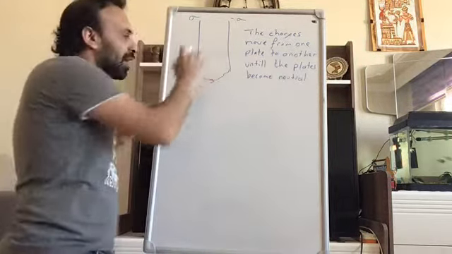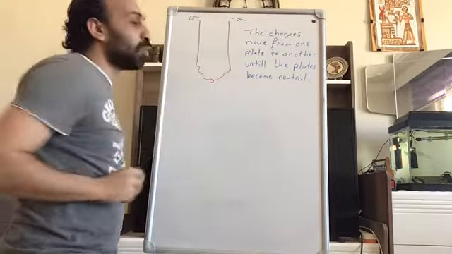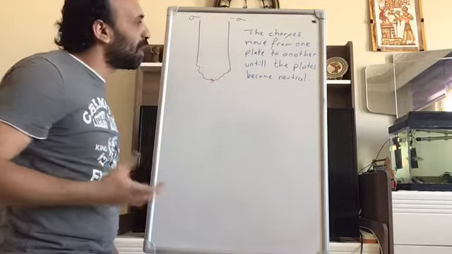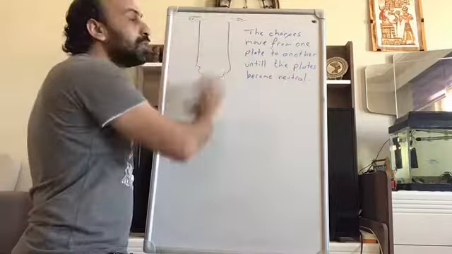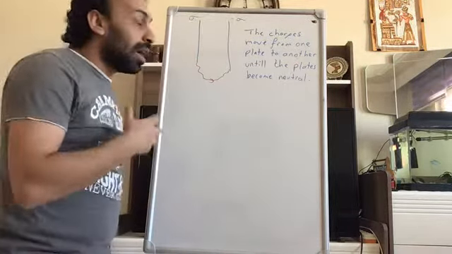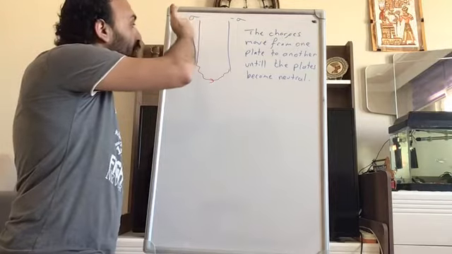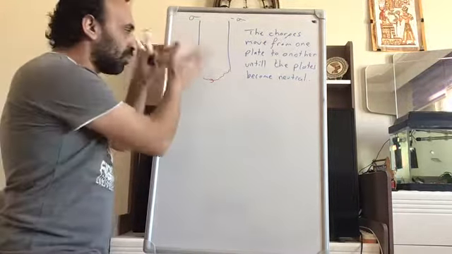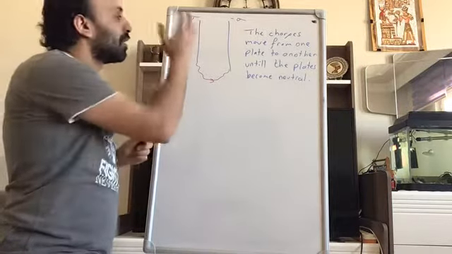So when I connect two plates, the charges will start moving from one plate to another, and at some point that motion of the charges should stop. And when is it going to stop? When the plates become neutral. When the plates are neutralized, there is no electric charge moving from here to here. Actually, we are going to visit this discussion again in more detail, but so far this is enough.